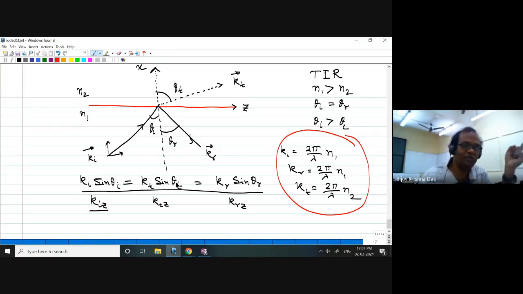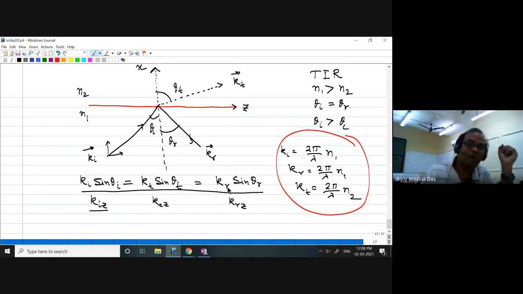From Maxwell's equations, when you use the boundary condition to derive Fresnel's law, you use just the boundary condition. But to prove Snell's law, you need to consider this tangential component. It can be shown that the tangential components at any interface are equal.